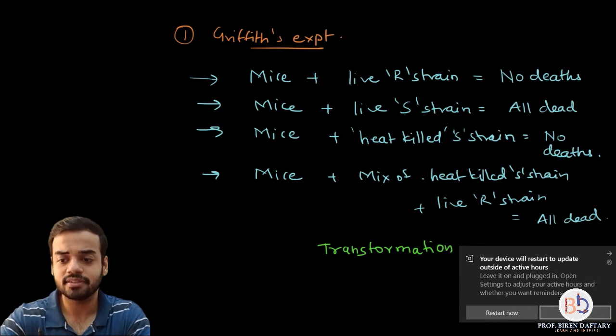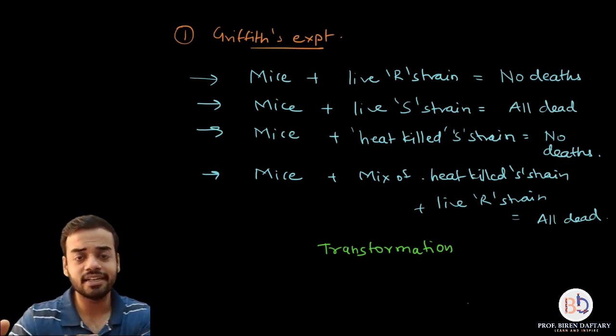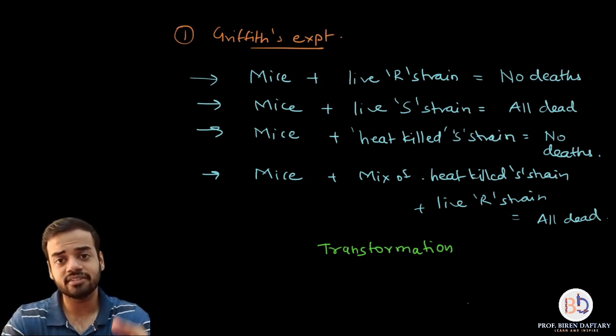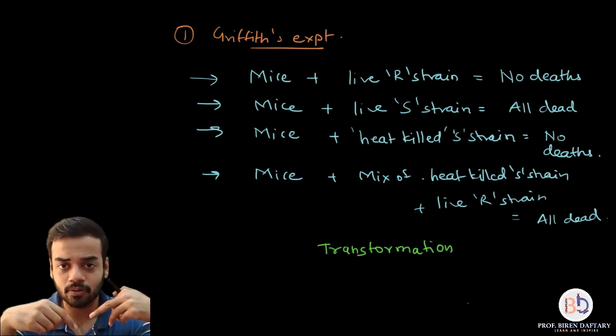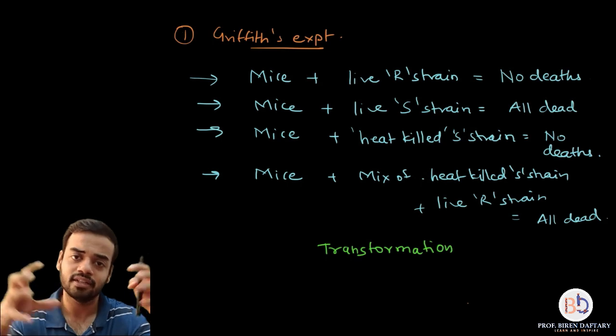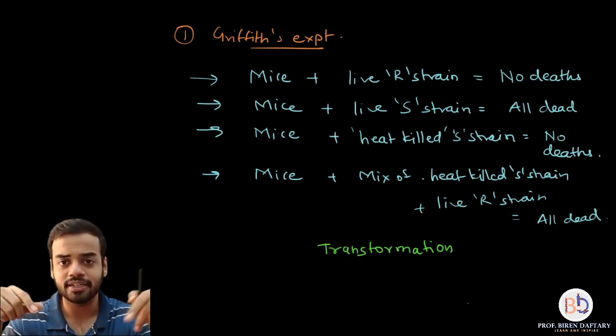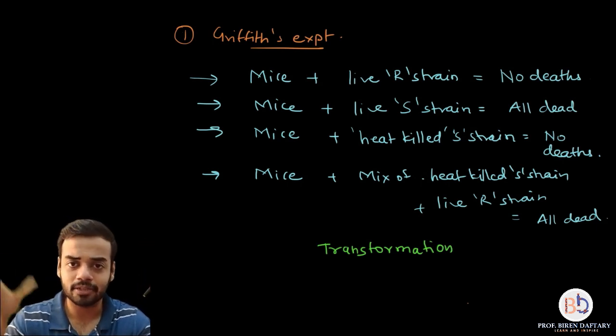When the live R strain is mixed with the heat killed S strain, the live R strain takes up the DNA of the S strain, and because of that it gets converted. That S strain DNA takes over the DNA of the R strain, and now that entire R strain bacterium is going to behave like S strain. Is that clear? And that is why the R strain became pathogenic.